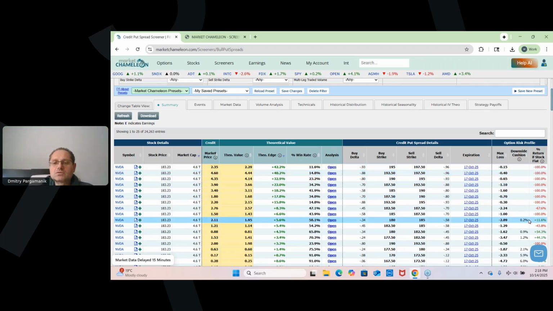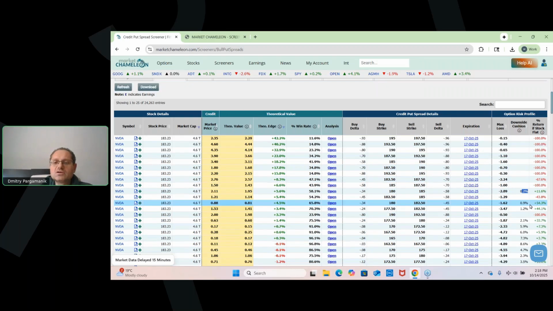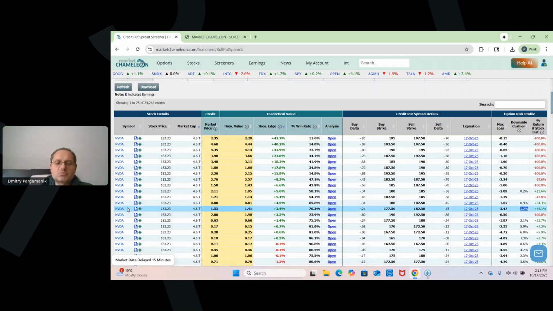The cushion here shows you, for example, in NVIDIA, if you're selling the 182.5 and buying the 177.5, well, as long as the stock stays above 182.5, if you sell this for $1.53, this is the credit.